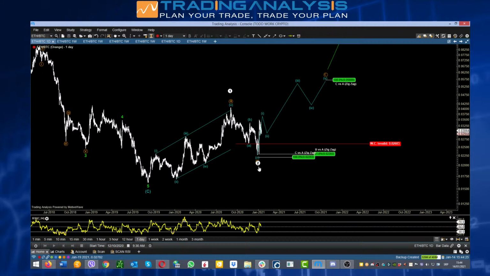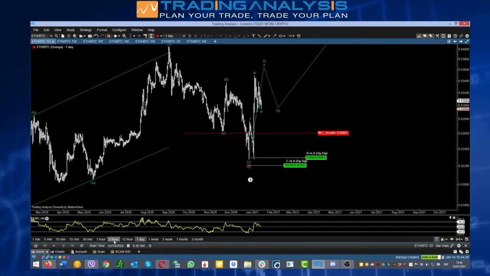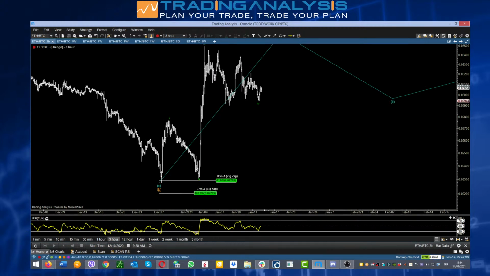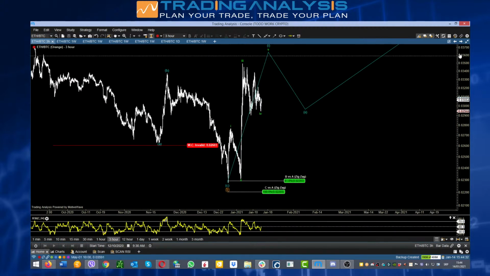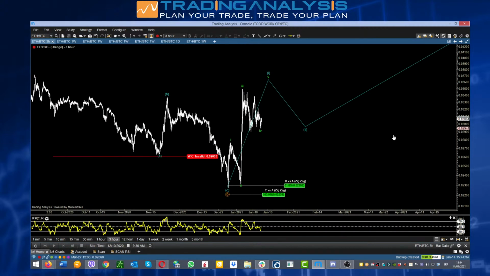potential support. From there, on a smaller time frame, we have seen a very nice impulsive push on the upside, but still not completed. From these lows, I have seen a very impulsive wave 1 down, a very sharp wave 3, and consolidation in the wave 4.